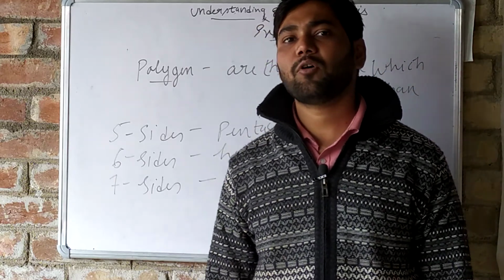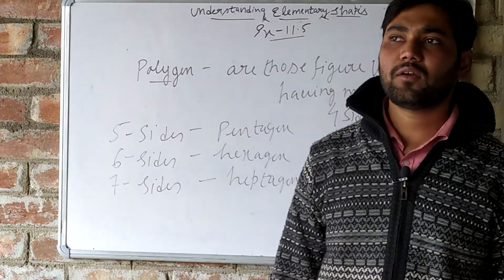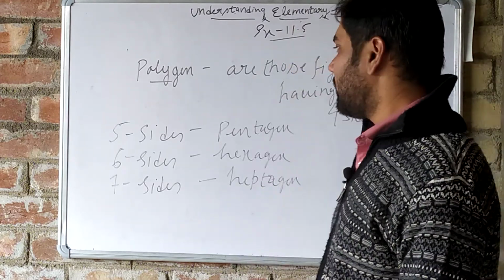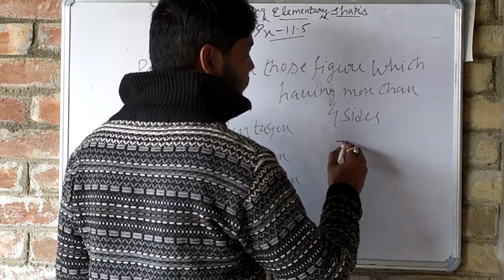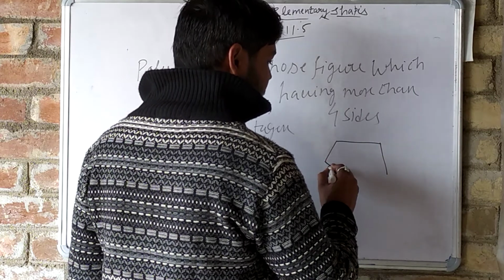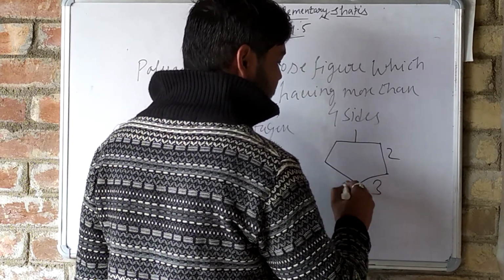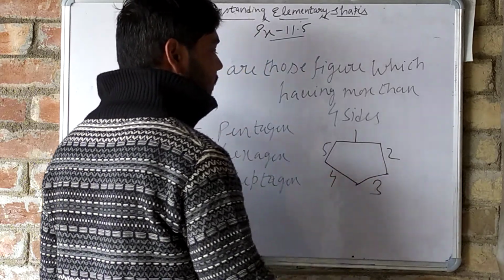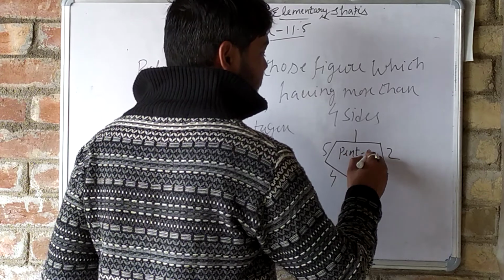Next we have to study about polygons. If any figure has more than 4 sides, then that figure is known as a polygon. Like a 5-sided figure, pentagon. Pentagon means what? 1 side, 2 sides, 3 sides, 4 sides and 5 sides.